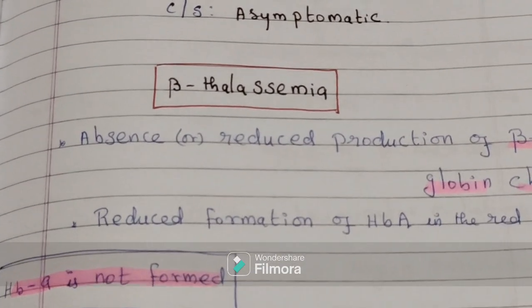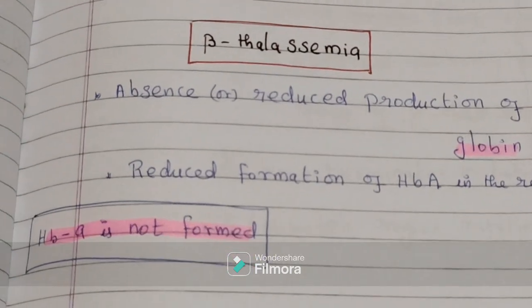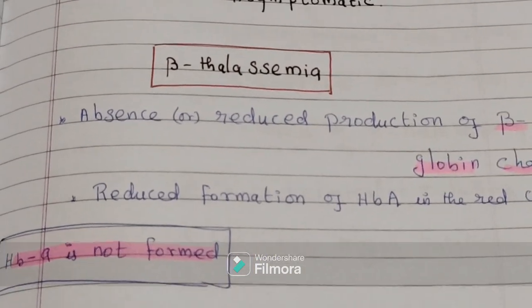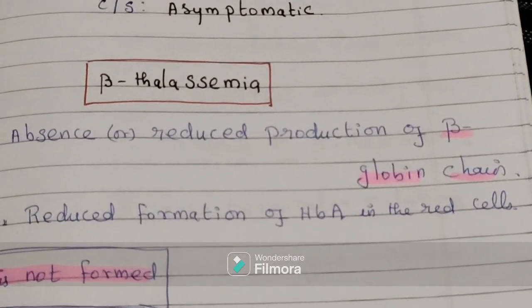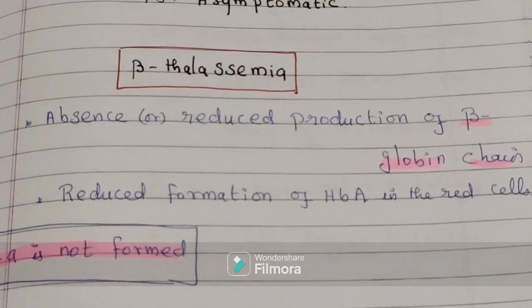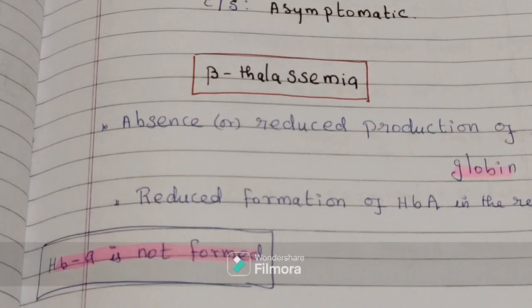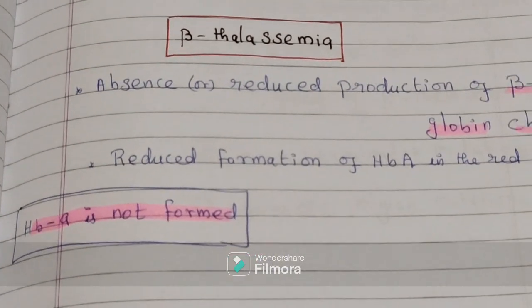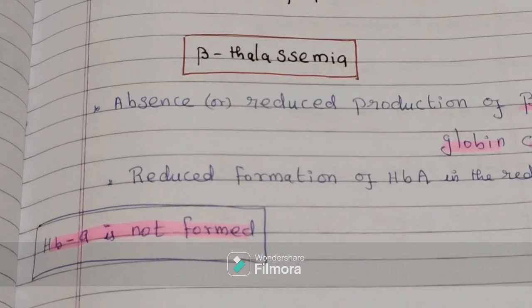Let us start with beta thalassemia in detail first. The problem is with the beta chain of globin. The beta chain is either less or totally zero. It is known as beta thalassemia. So the beta chain is either reduced or absent.